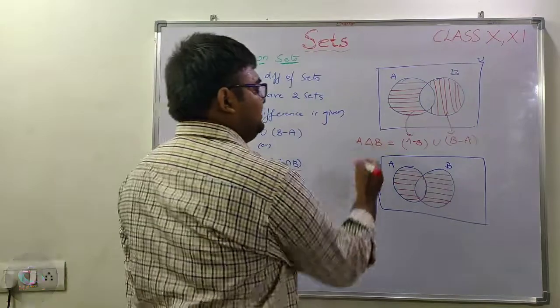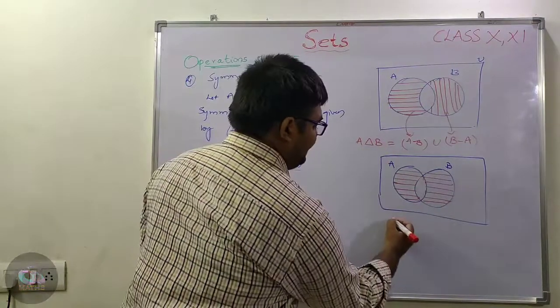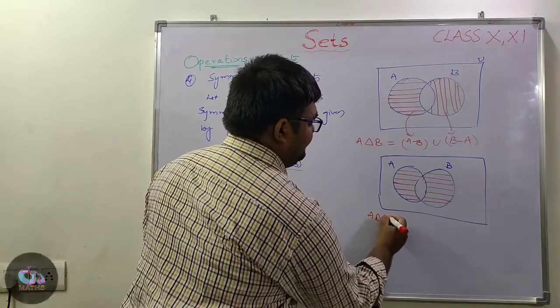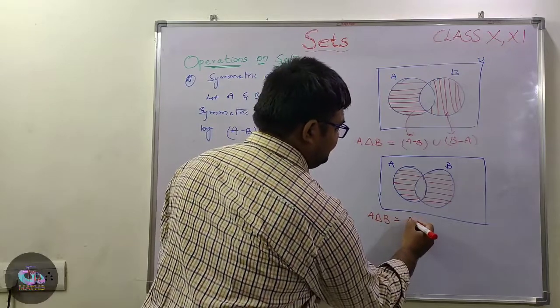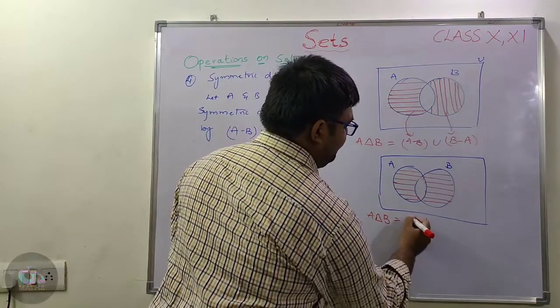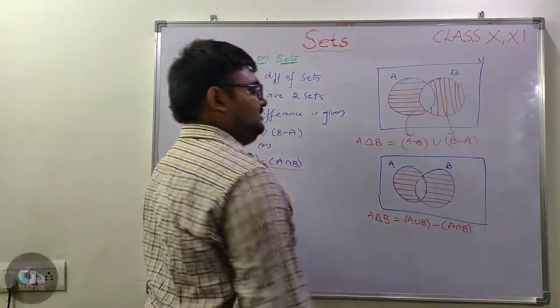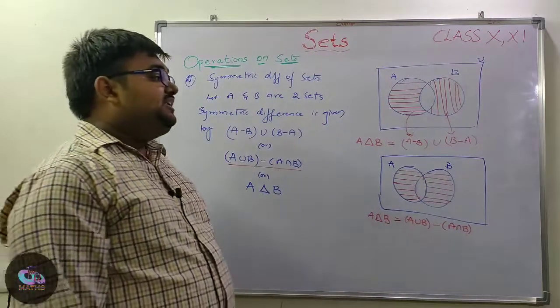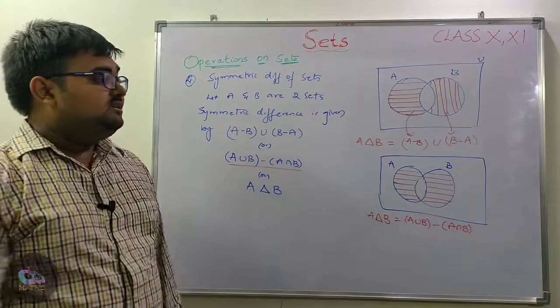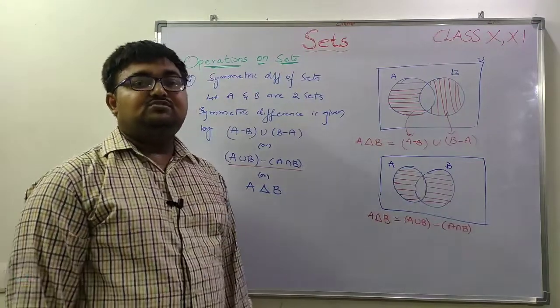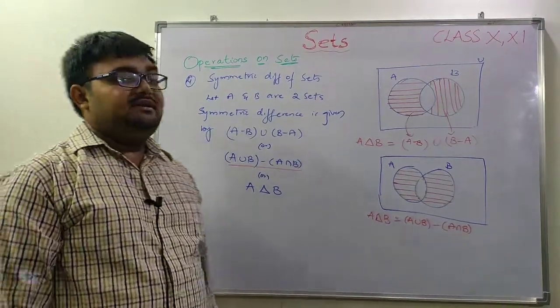Right. So A delta B can also be written as A union B minus A intersection B. So this is nothing but symmetric difference of two sets, right?